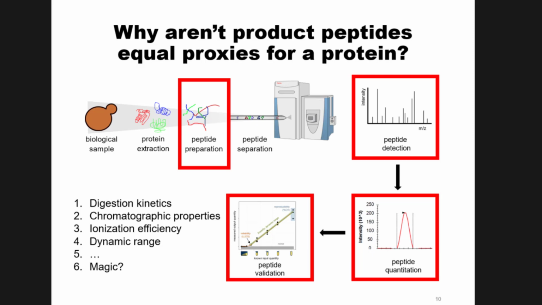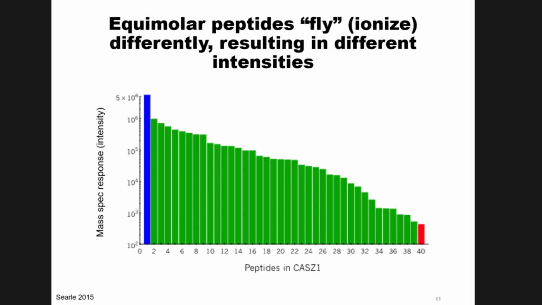So the readout we get in the end is a peptide extracted ion chromatogram, but what we started with was a whole yeast cell or a whole plasma aliquot. Even if we take some of those things out, let's imagine I have a mixture of equimolar peptides, so digestion isn't a problem anymore.